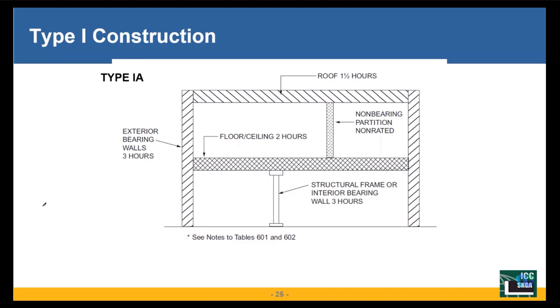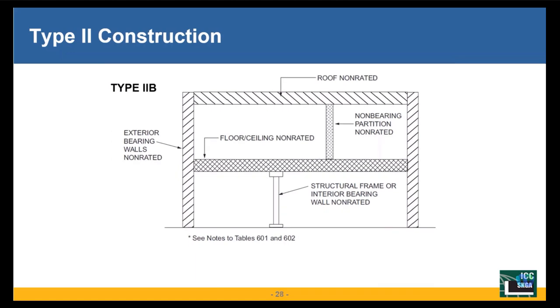The exterior bearing walls are 3 hours. The structural frame or interior bearing walls is 3 hours. These are all listed in tables 601 and 602. I'm going to jump to the table and then come back to here.